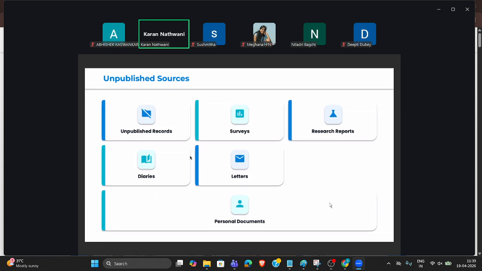I have to rely only when I have full confidence. And when will you get full confidence on unpublished? When you see that the related research and investigation has already been done, then you say, okay, I think this is correct, though it is unpublished, but I can still go with it.